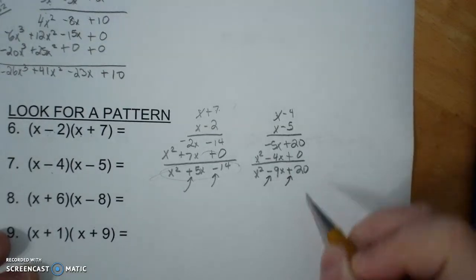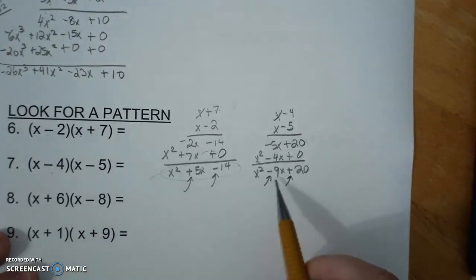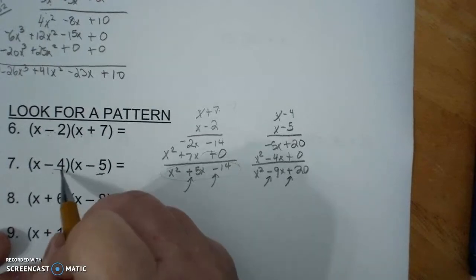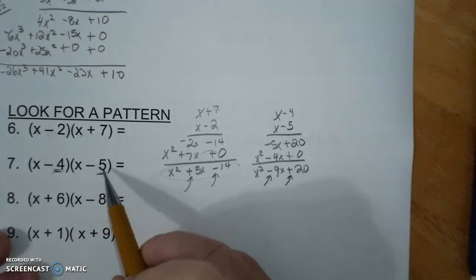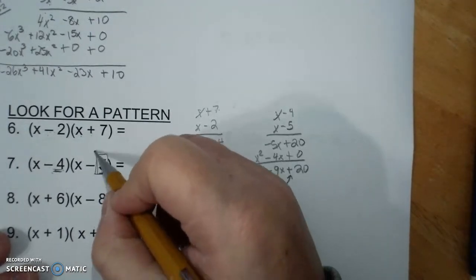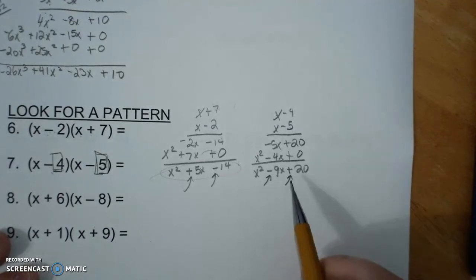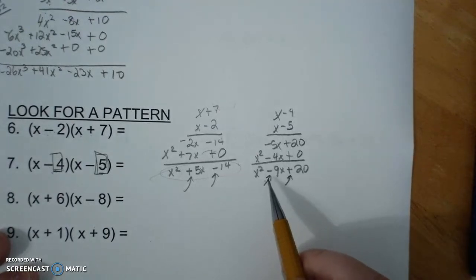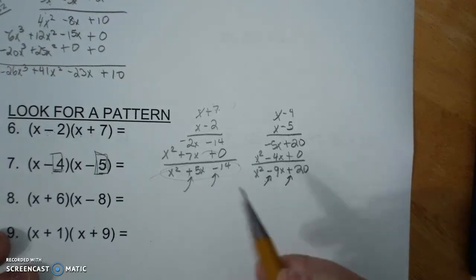This is the sign of the bigger. When I'm talking about bigger, I'm talking about bigger here and bigger here. I know negative 5 is less than negative 4, but I'm looking at this guy right here, and 5 is bigger than 4. Signs are the same, this is always the sign of the bigger. Signs are different, sign of the bigger.